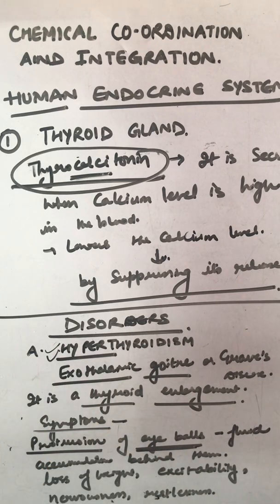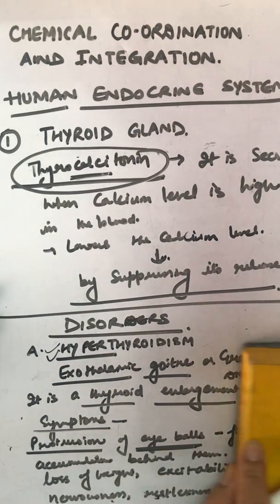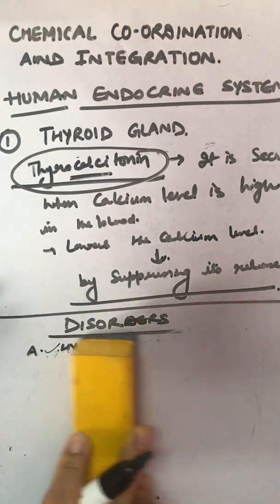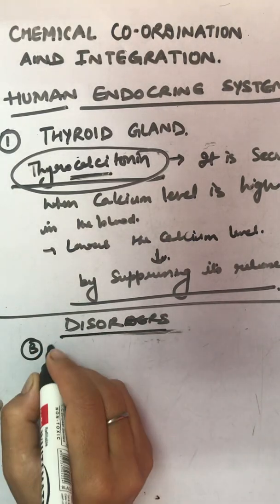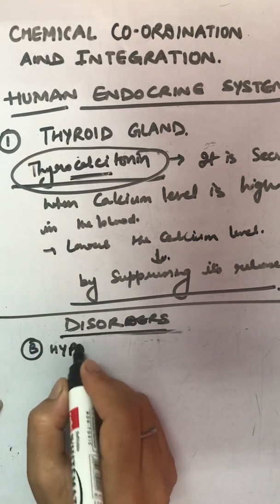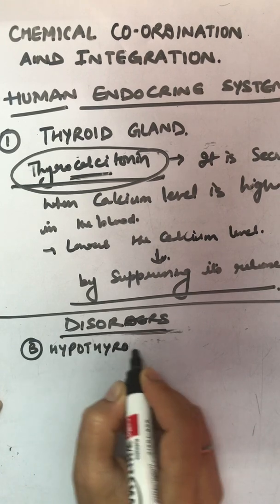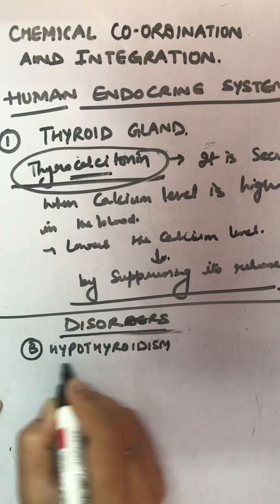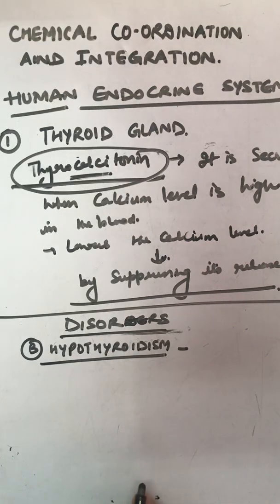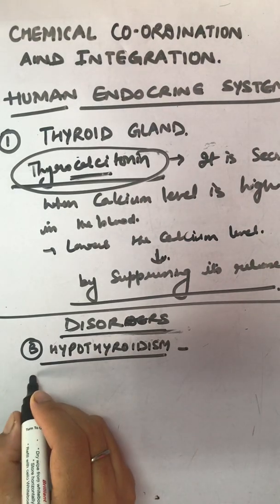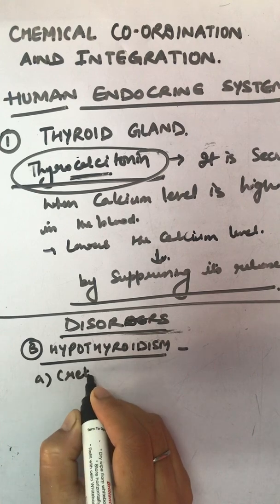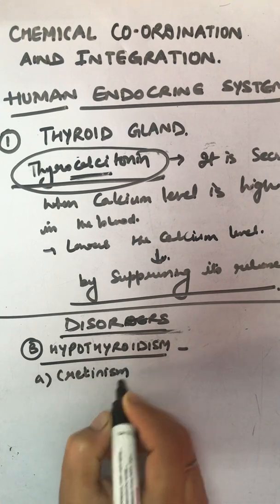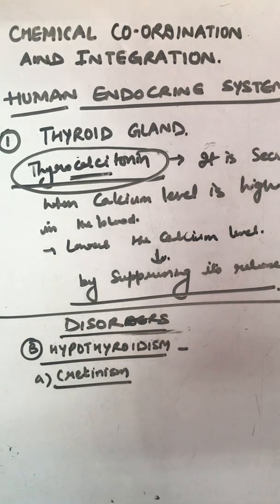Okay, now we are moving to hypothyroidism, that is hyposecretion, undersecretion. हाइपो मीन्स अंडर सिक्रीशन. इसमें हम पहली जो प्रॉब्लम करते हैं उसको बोलते हैं क्रेटिनिज्म, cretinism.